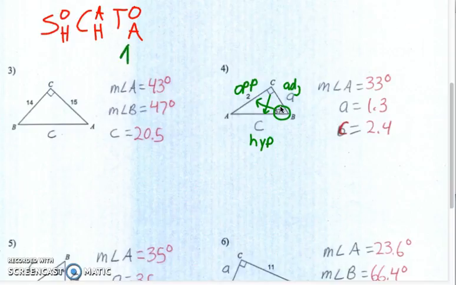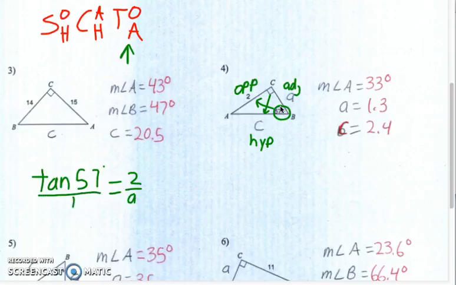Oh, it's tangent again. All right, so we know that the tangent of 57 degrees is going to equal opposite, which is 2, over the adjacent, which is A. We go ahead and make a proportion so we can cross multiply, and we might have to divide, but we'll see that in a moment. So A times tangent of 57 degrees equals 1 times 2, which is 2.